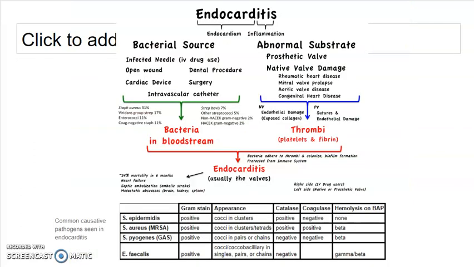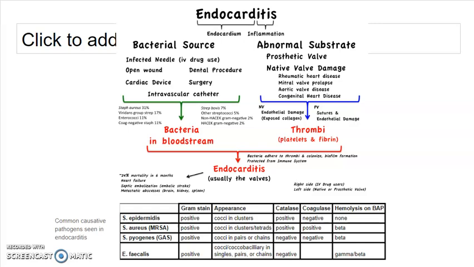So with endocarditis, we can see that the bacterial source most likely was from an infected needle through IV drug use for her, or the open wound that was created probably by the infected needle. She did have a wound that they were taking care of as well, and I believe it was on her neck.